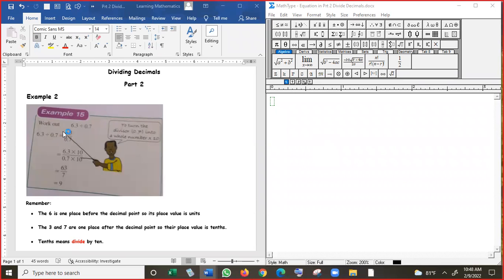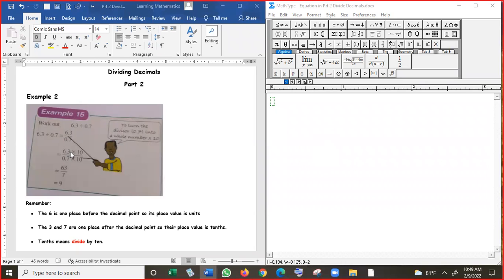So you can write this in fraction form. 6.3 divided by 0.7: 6.3 is the numerator, 0.7 is the denominator, because 0.7 is the divisor and 6.3 is the dividend. So you have 6.3 times 10 and 0.7 times 10.